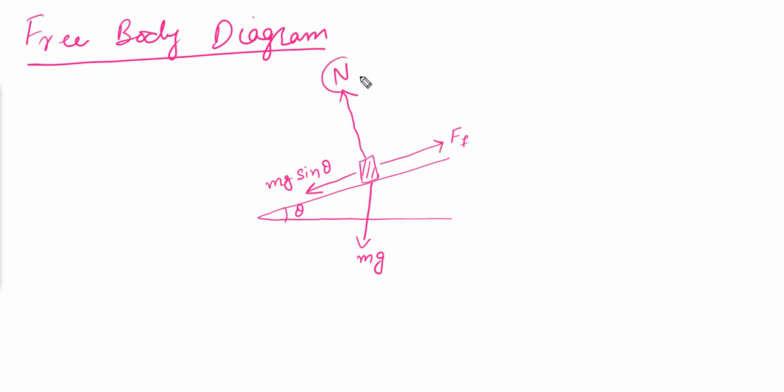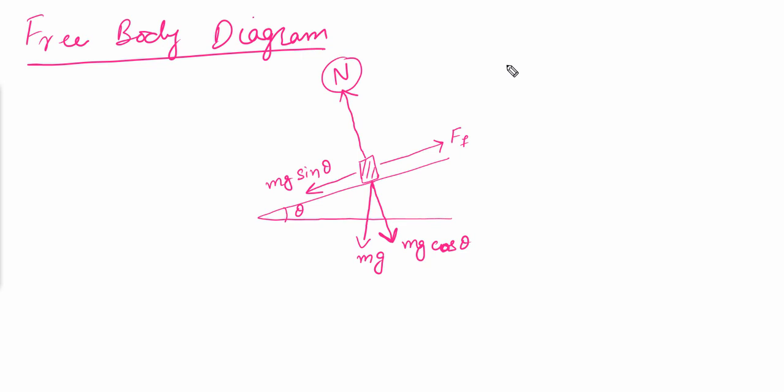Now in order to find the normal force, our normal force is not equal to mg. The normal force will be equal to this force right over here, so this force will be equal to mg cos theta.